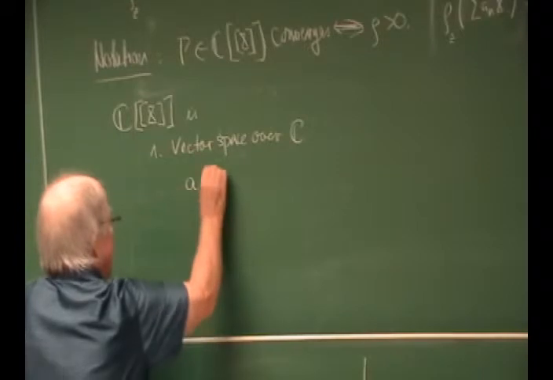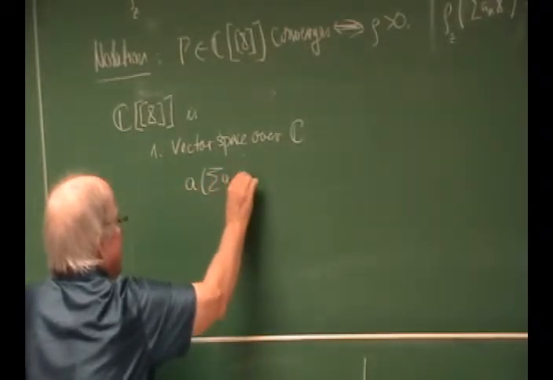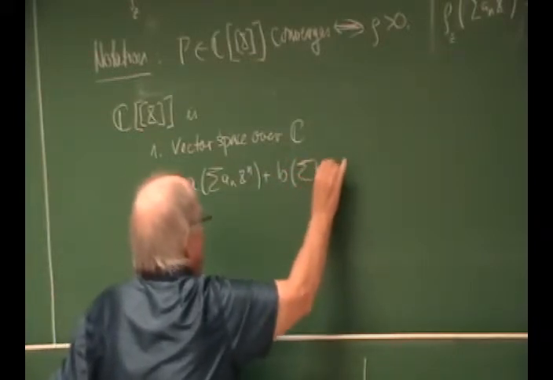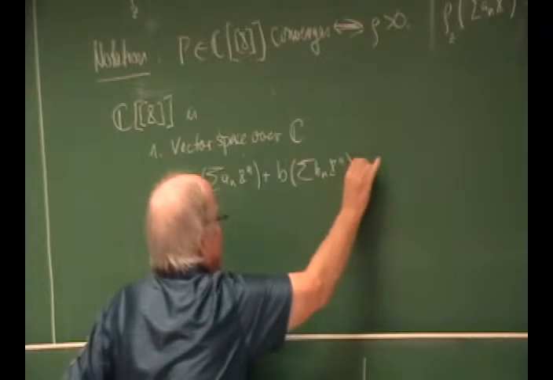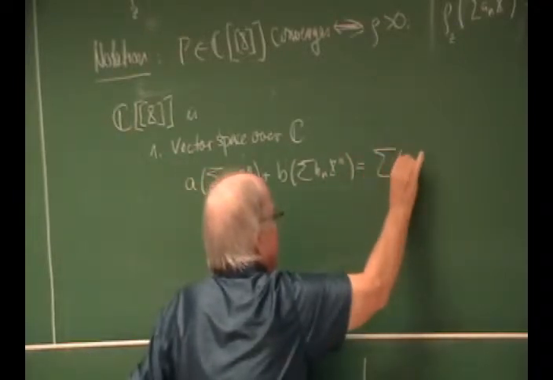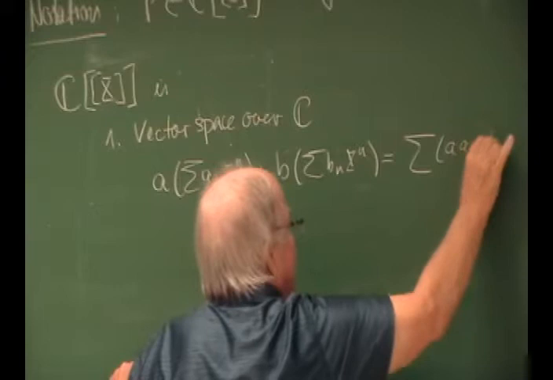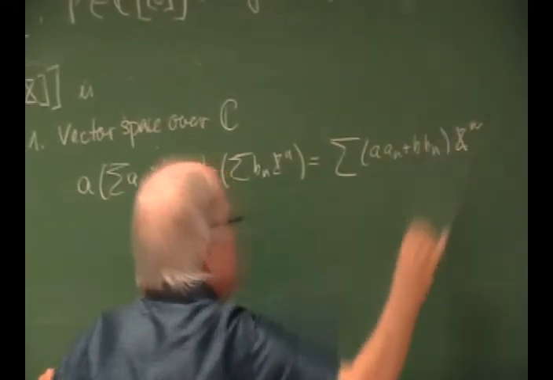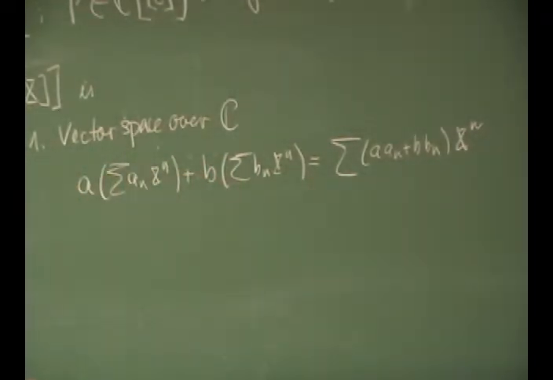Let's do it one time: a sum a_n x to the n plus b sum b_n x to the n equals sum (a a_n plus b b_n) x to the n. You see, the wonderful thing about algebra is you don't have to worry about convergence, and so you just write it down. If you worry about convergence, you're worrying about this horrible thing, limsup or something. Here you don't have to worry about it.